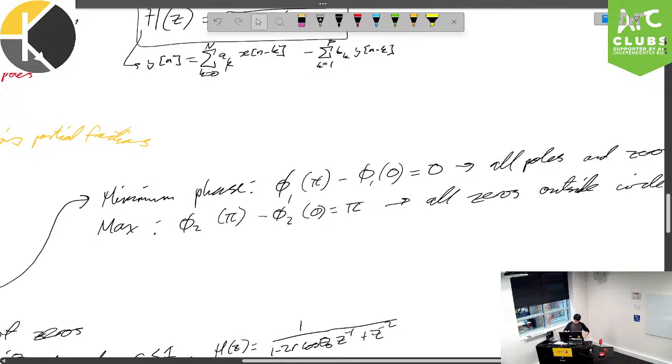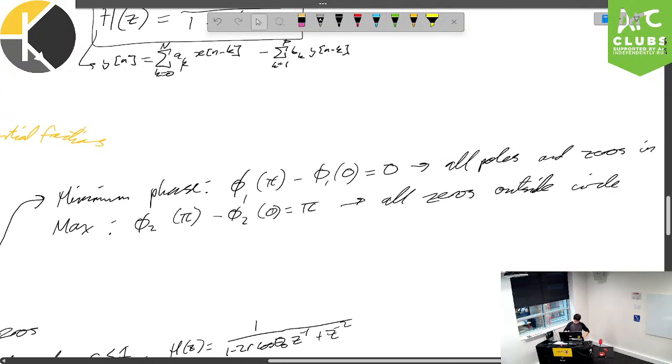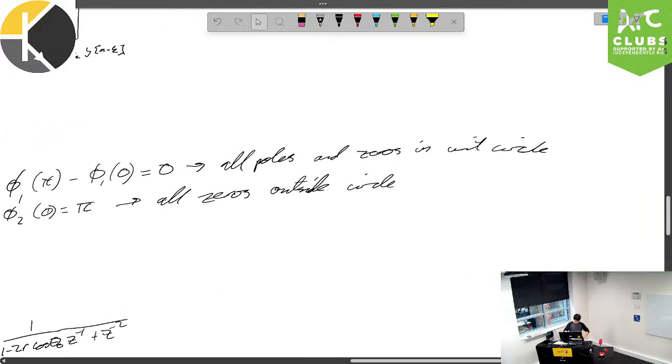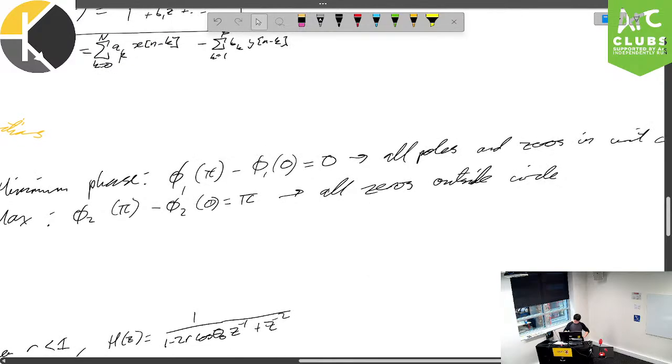The phase difference that you observe can then be characterized in terms of minimum and maximum phase responses, in which cases we can actually put a reason to this. If all of your poles and zeros are within the unit circle, you'll observe a minimum phase response, and if all the zeros are outside of the circle, you will observe a maximum phase response.